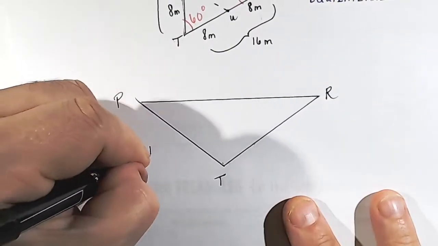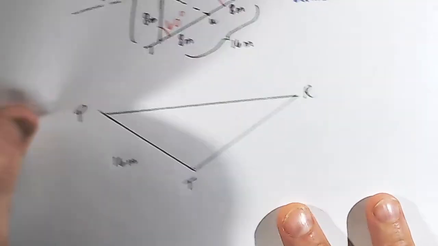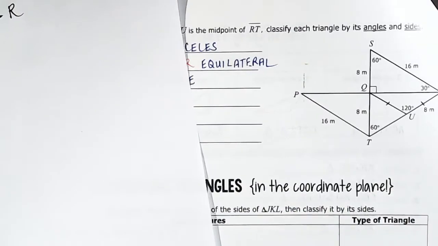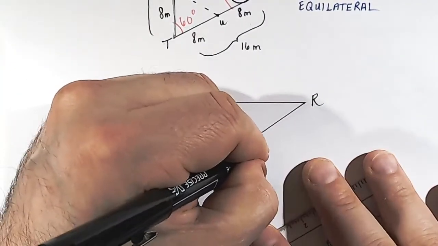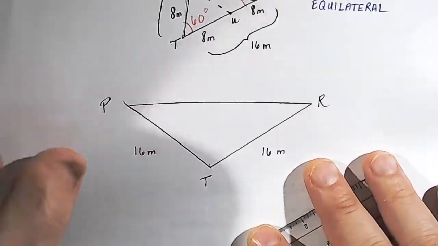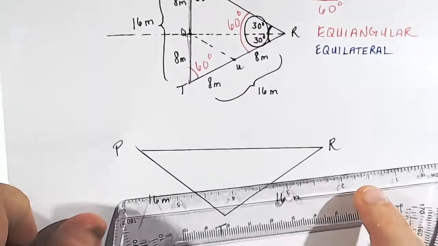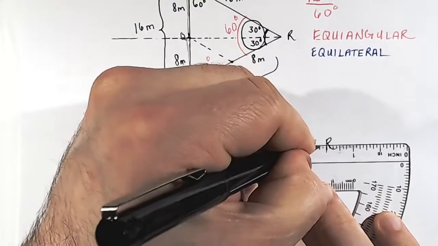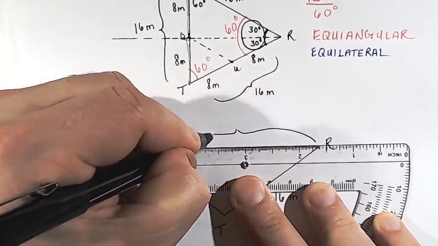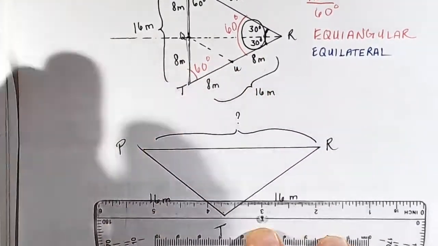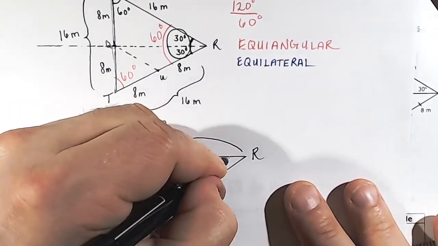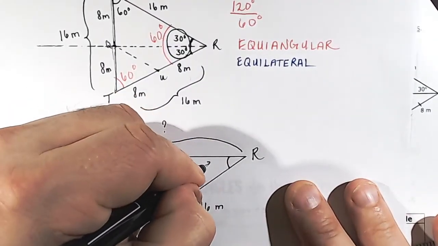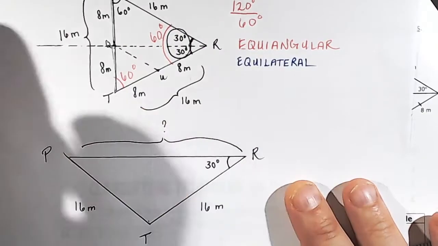This is 16 meters. We already established that RT was 16 meters. We have no idea what this length is on top. This is just unknown. And we already established that this angle right here is 30 degrees.